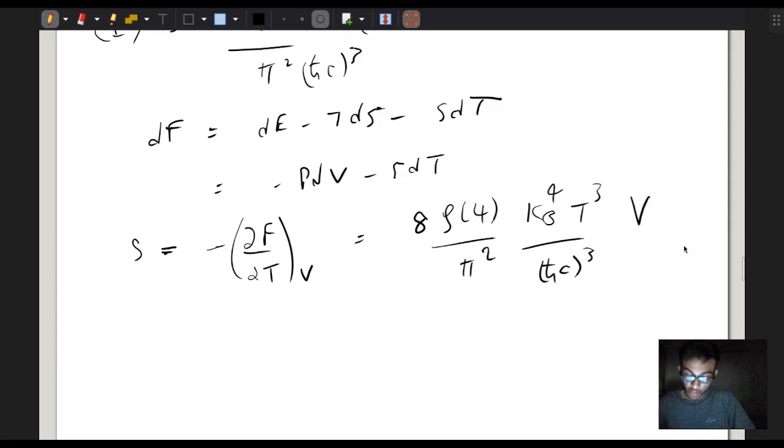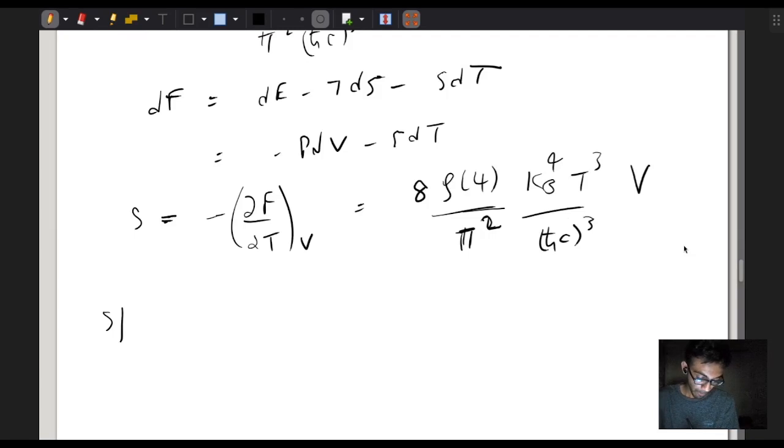What we'll be interested in is the functional dependence of these quantities on the temperature. Of course these factors are also important, so please check them again. This is the entropy. What we want is the entropy per particle, or entropy per photon, so S by the expectation value of n. We have calculated that here.